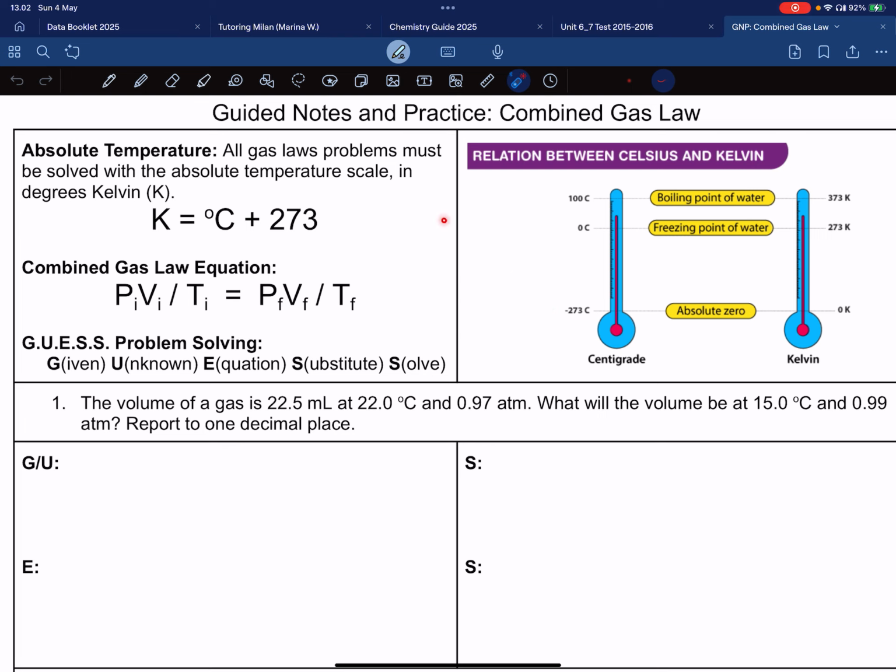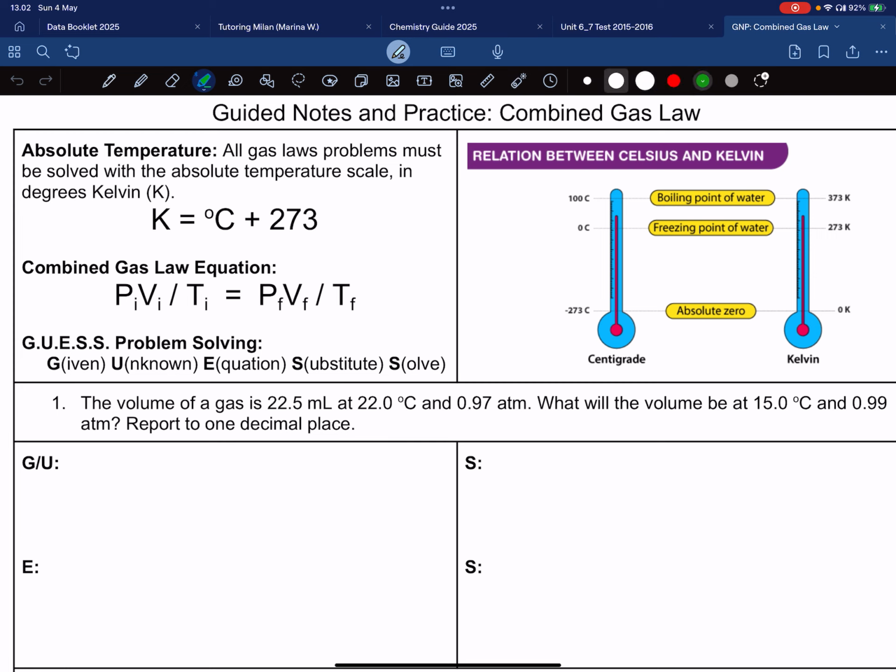And then we also learned that as volume goes up, pressure goes down. And so when those things are put together into a single equation, they end up like that.